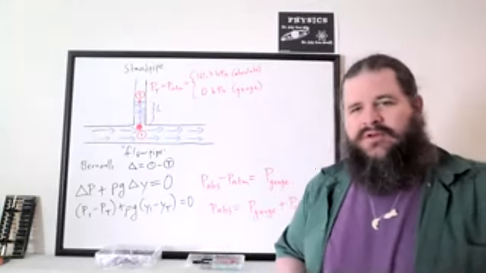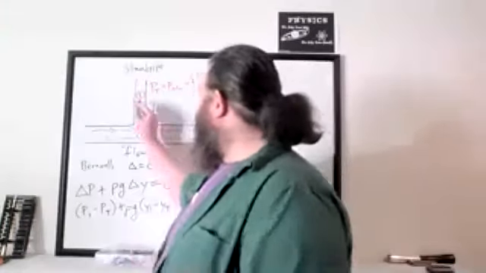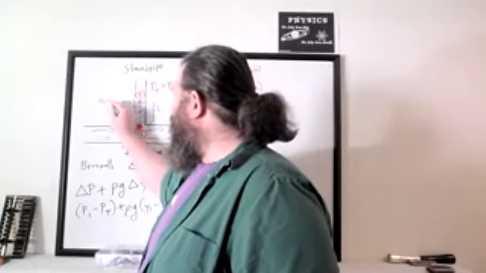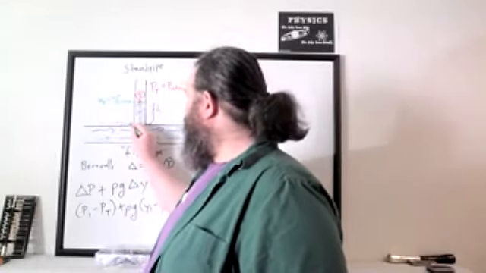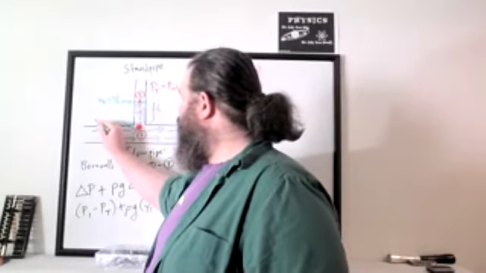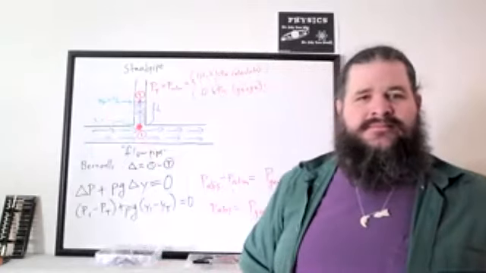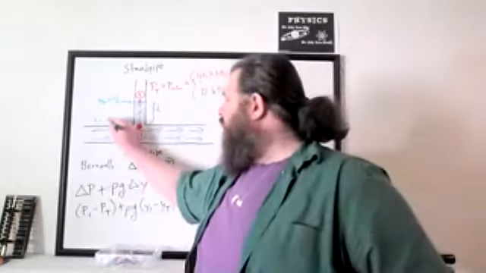We've got to set up a coordinate system, right? Yeah, we could call that height plus h. So at this location, we'll say the y value at the top is positive h. And the y value at the bottom, we could call what height? Yeah, we just call that 0.